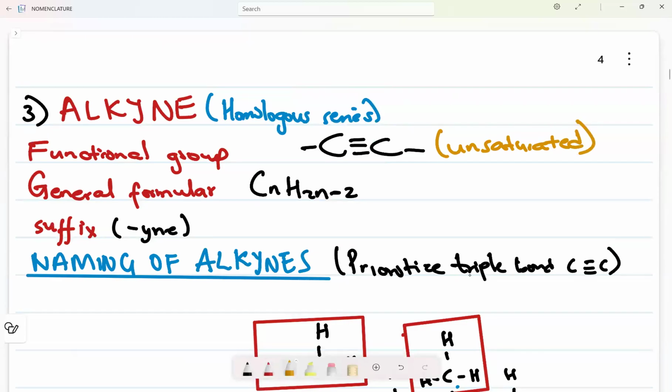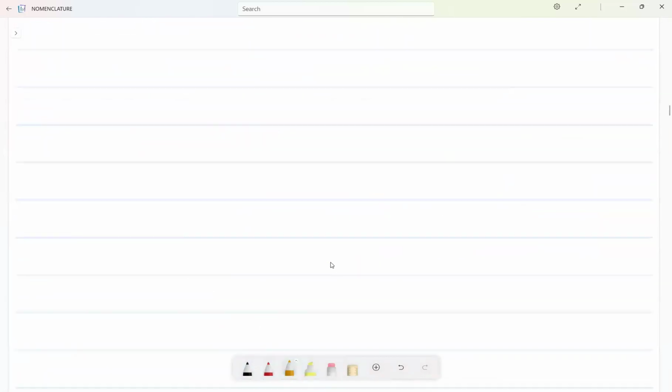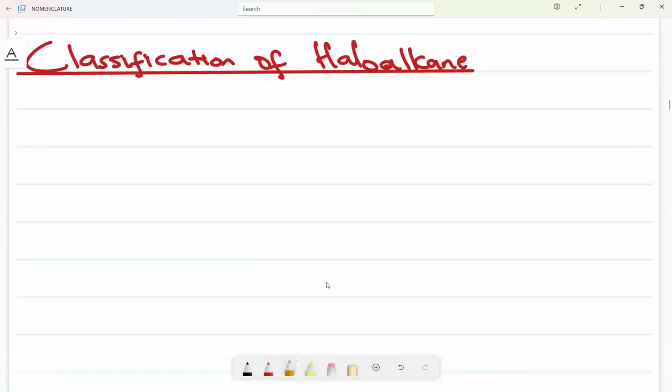Rated. We already know why it is unsaturated. Okay, yes. Now let's come here. Classification of haloalkane.